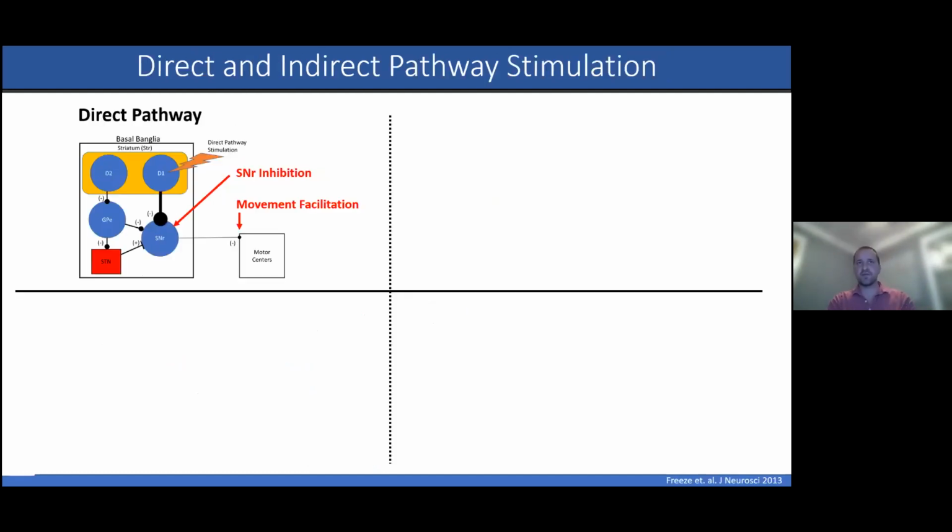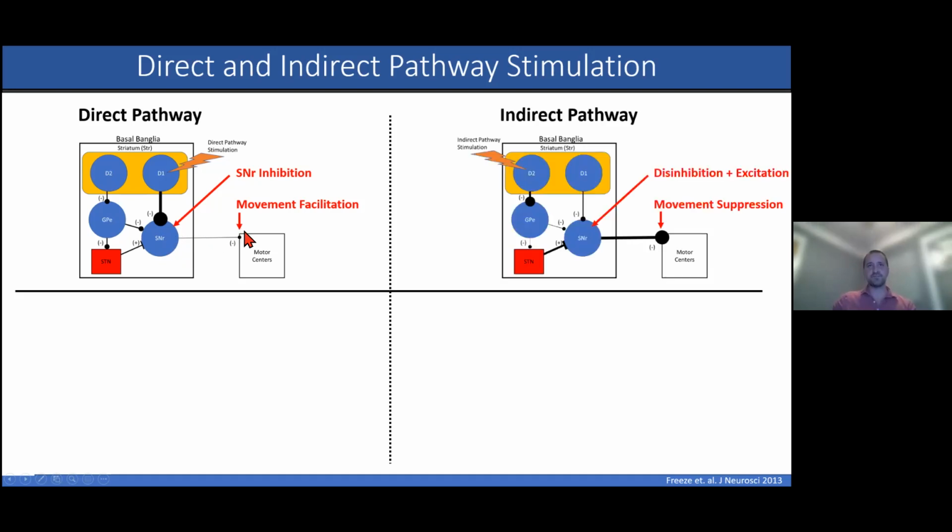In the direct pathway, if you were to stimulate these D1 neurons within the striatum, they provide inhibition to the SNR. So shown here, if you stimulate, you're going to inhibit the SNR, you're going to decrease the inhibitory output to motor centers, and you facilitate motor actions.